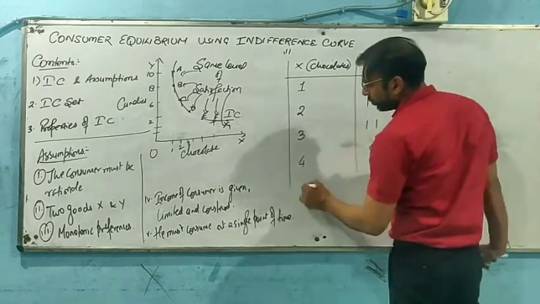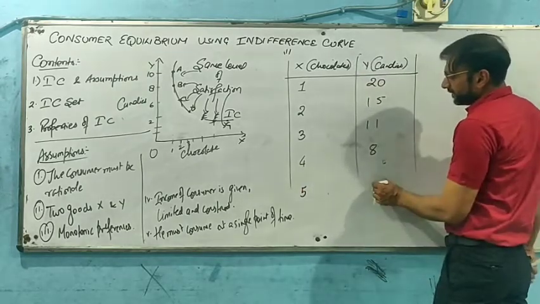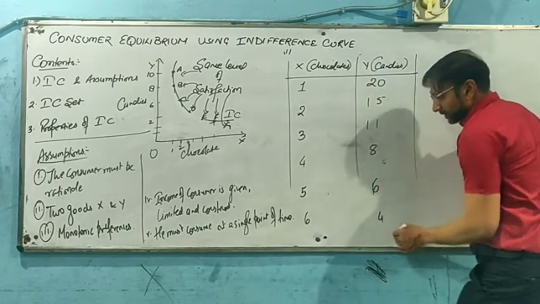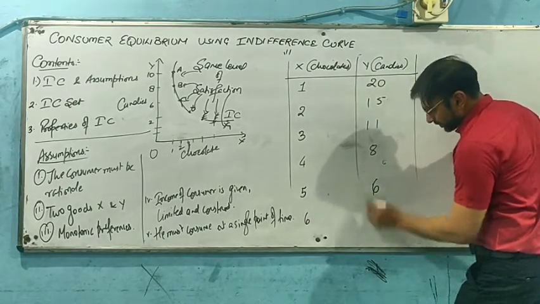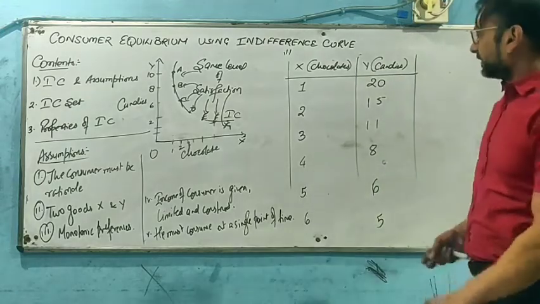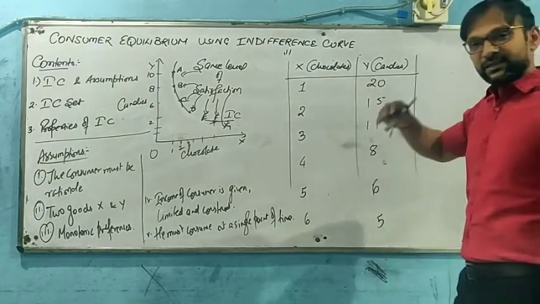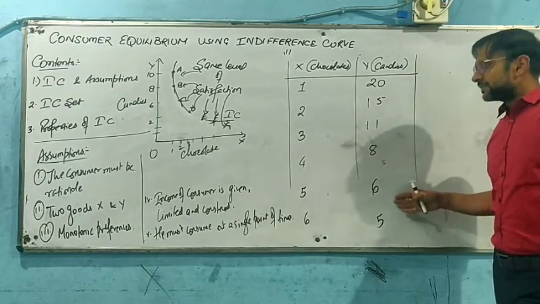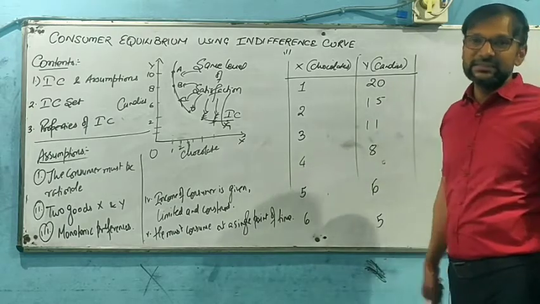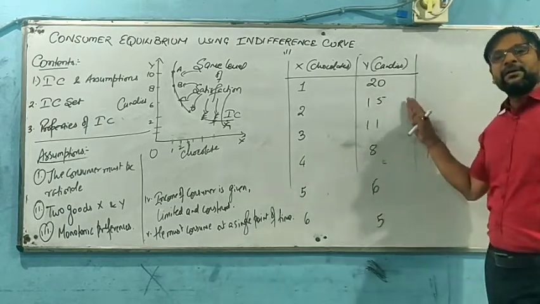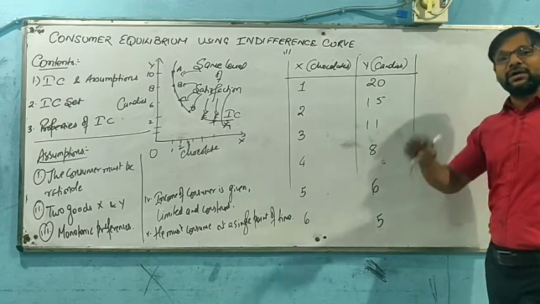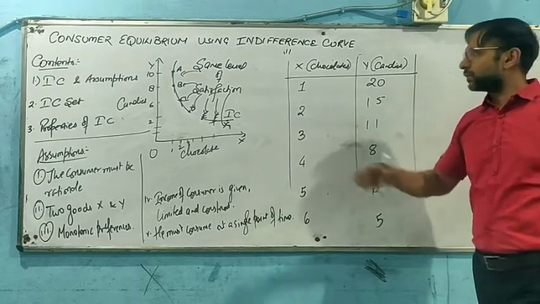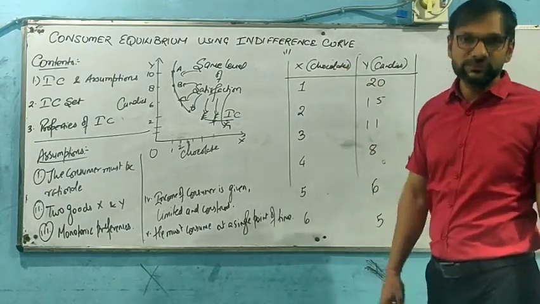This process will go on, and he will be interested in sacrificing the least number of candies in order to get more chocolate, since he will be demanding candies again and will not like to leave candies also, and simultaneously he would like to increase the consumption of chocolates too.